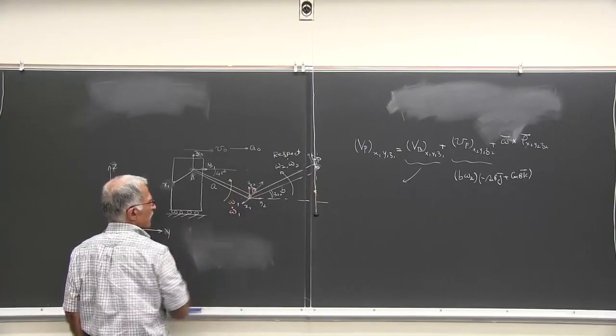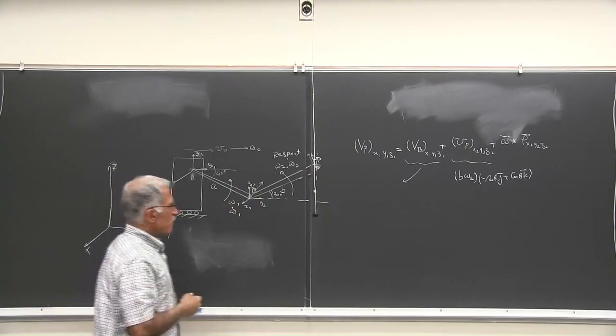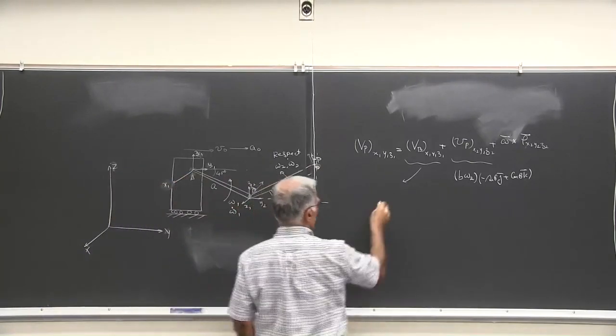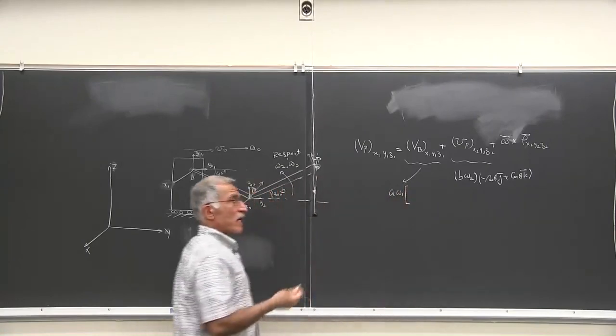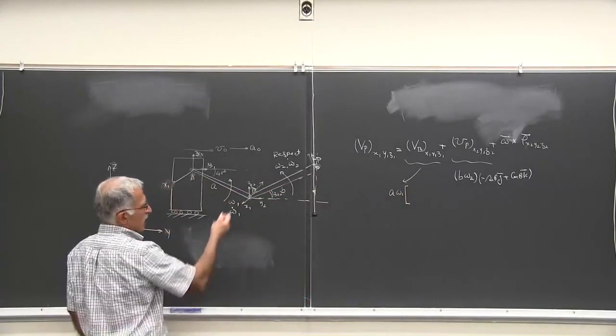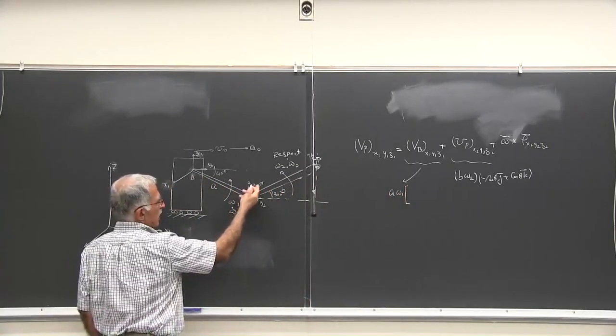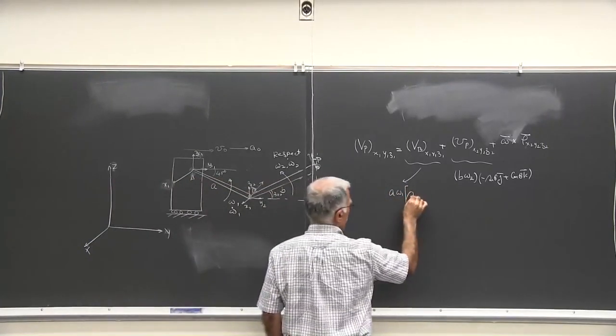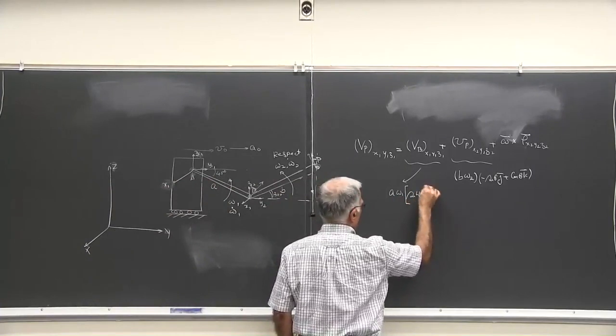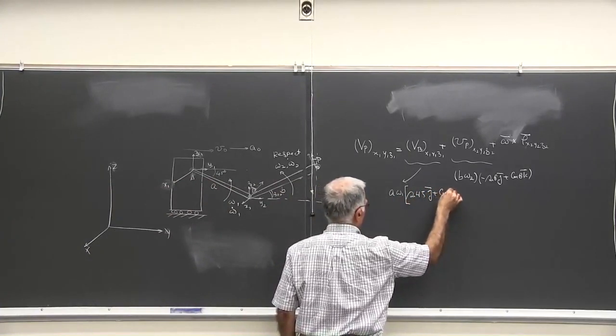That's also 45 degrees. So you can say that this velocity is simply equal to a omega 1, that's r omega, and the angle is here, that would be sine 45 j plus cosine 45 k.